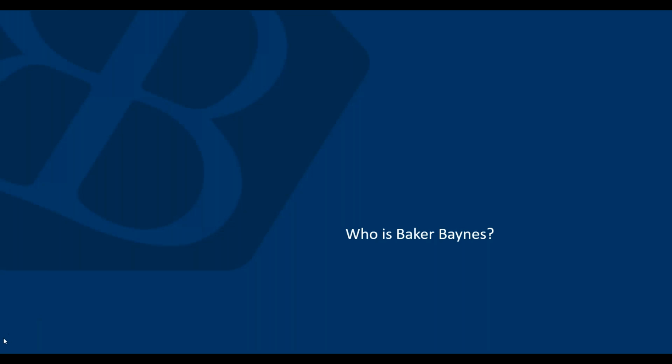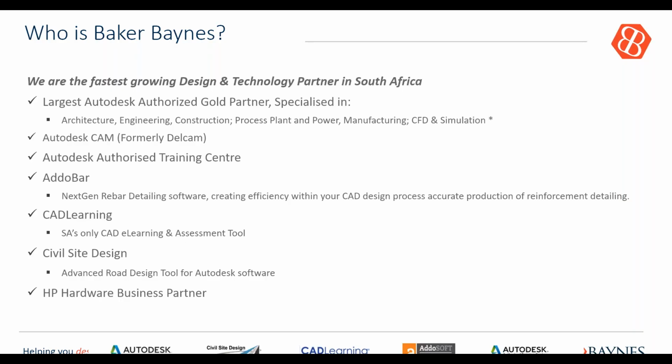Right, so who is Baker Baines, in case any of you guys didn't know? We are one of the largest gold partners, and we specialize in the following spaces: architecture, engineering, construction, process plant and power, manufacturing, and safety and simulation.